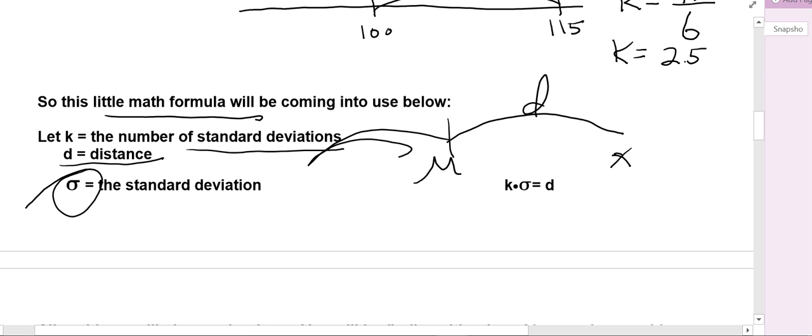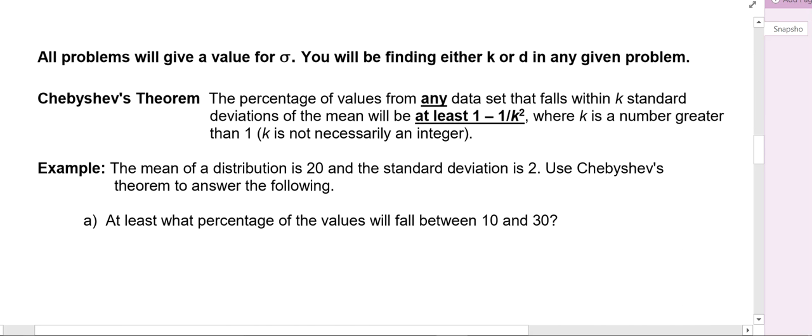And again, sigma is the standard deviation. In all of our problems, you will be given a value for the standard deviation. You will either have to find K, that is when you are given the interval, or D, when you're given the number of standard deviations.